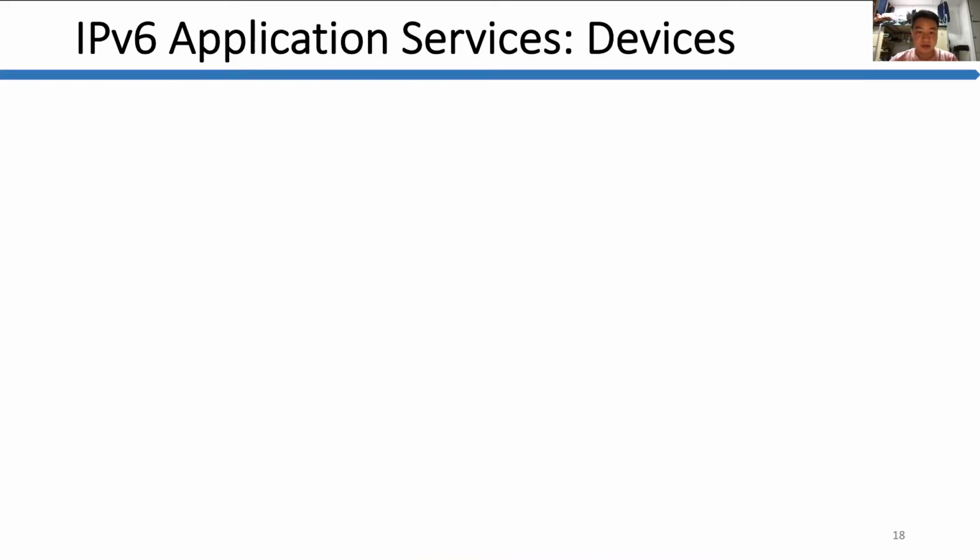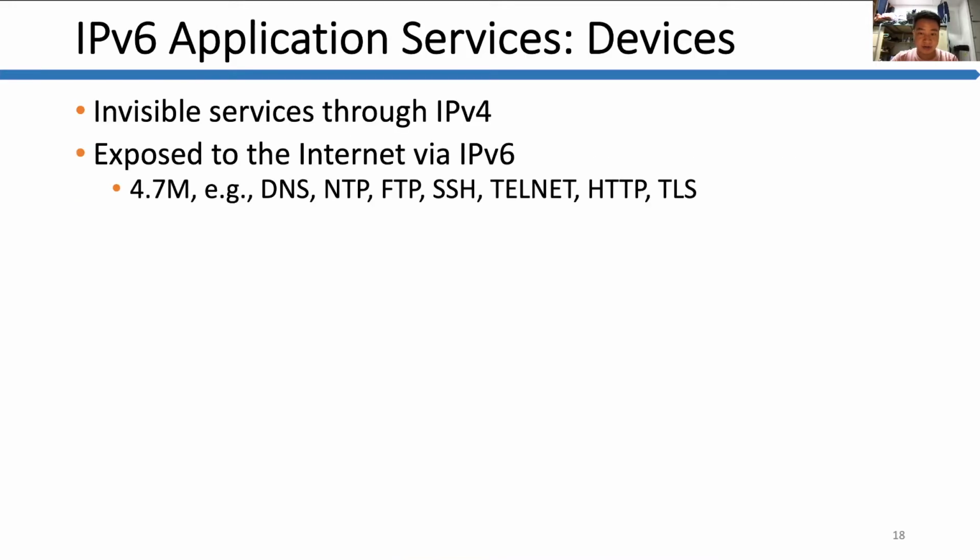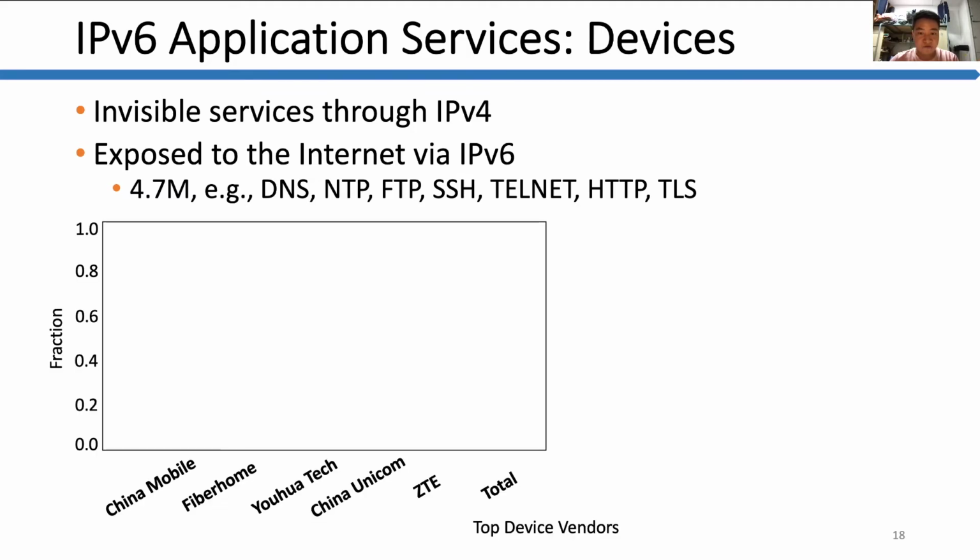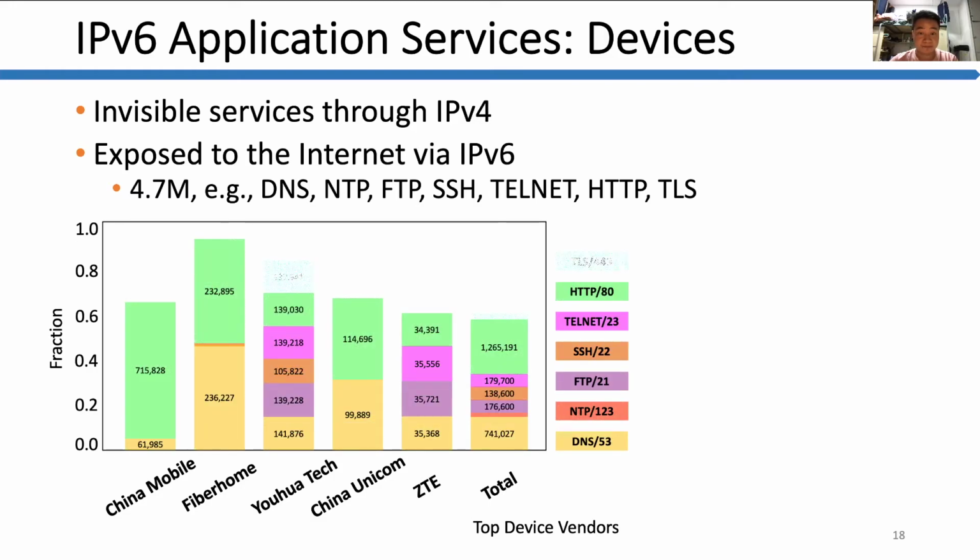Second, in the IPv4 network, services in the home router are invisible to the outer users. However, IPv6 brings the public addresses and makes them open to the Internet. For example, we find about 5 million devices open these services to the Internet, and the top opened services are showing the following.